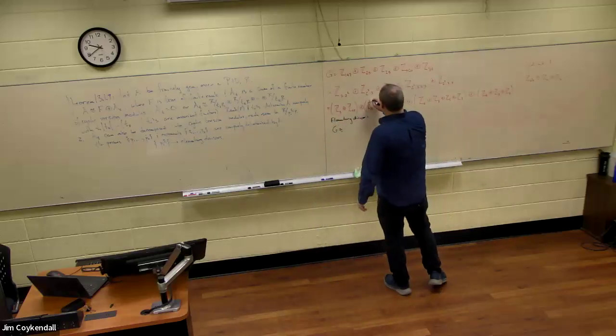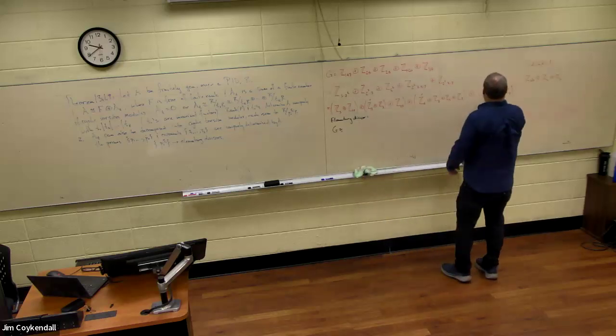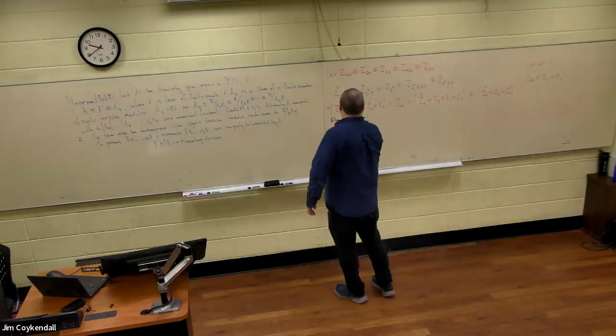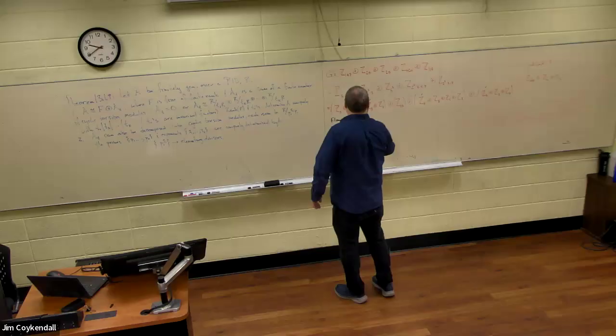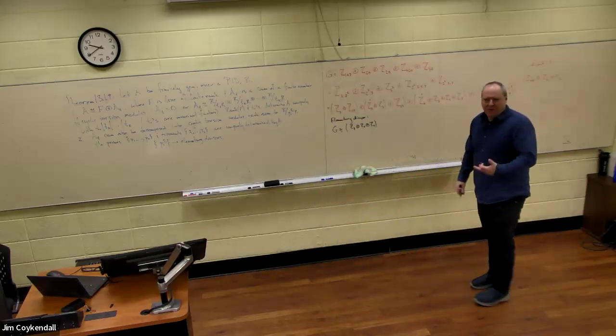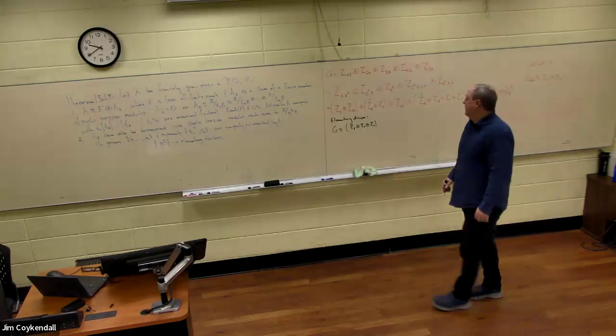There's a Z8, there's a Z4, there's a Z4. So I'm going to say this is Z8 direct sum Z4 direct sum Z4. So there's my 2 torsion right there. By the way, this is the Sylow 2 subgroup of this group, right?